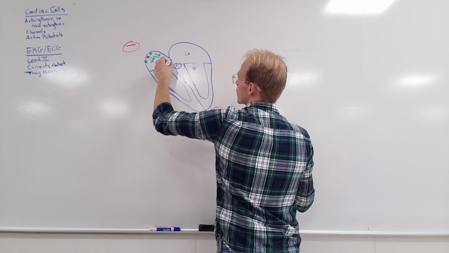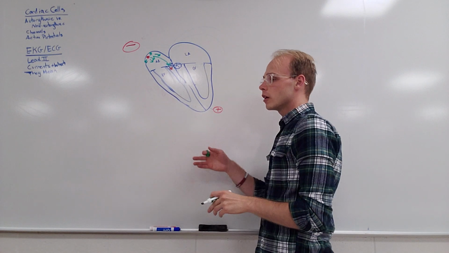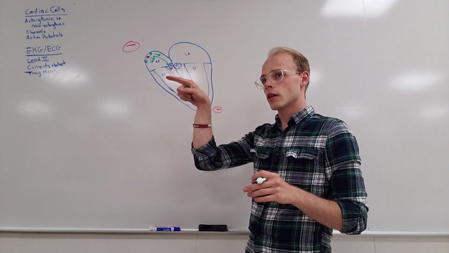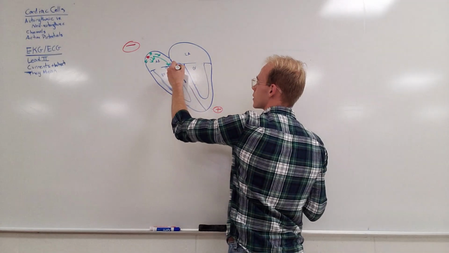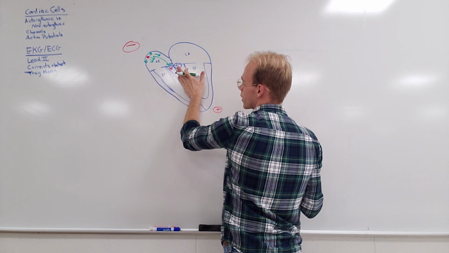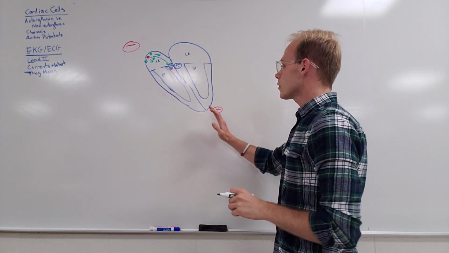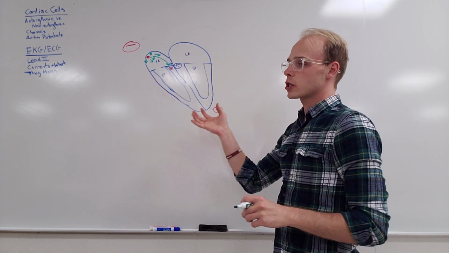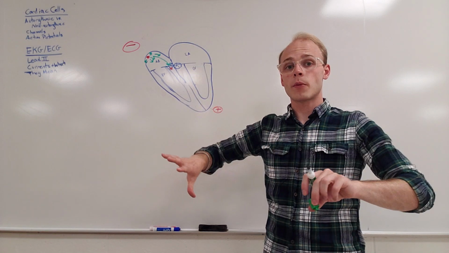And overall, that signal ends up going to the AV node. The AV node holds onto that signal for a little bit, sends it through all of the cells within that node, and then it sends it to the fibers and starts depolarizing the septum of the heart. And interestingly enough, the left side, because it's got so many more cells, it has to push blood through the aorta and then into the rest of the body.